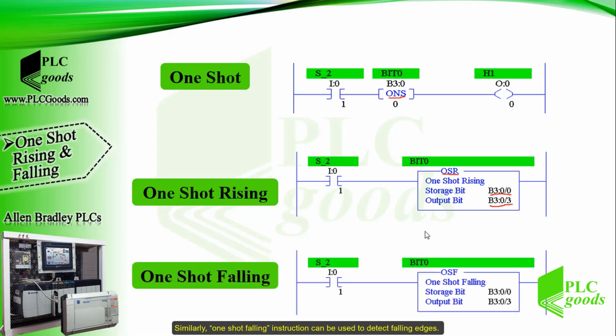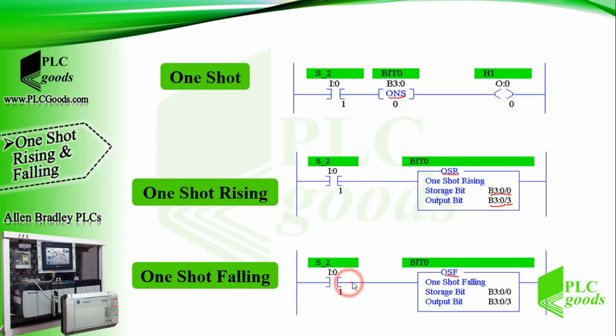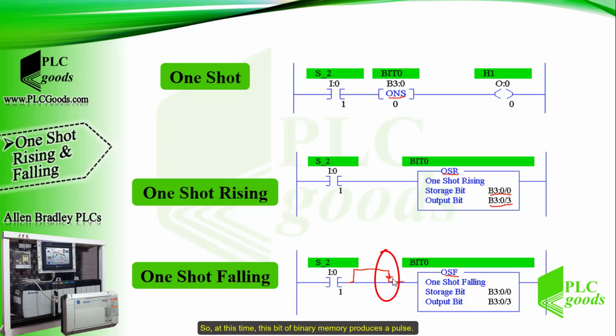Similarly, the one-shot falling instruction can be used to detect falling edges. So at this time, this bit of binary memory produces a pulse.